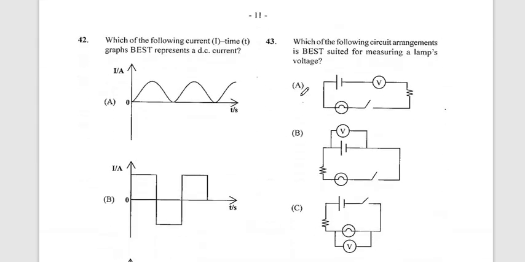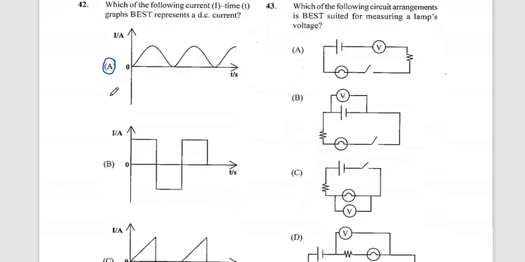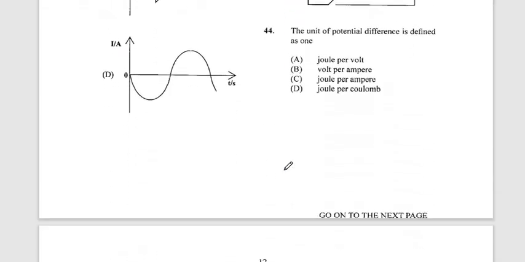42. Which of the following current-time graphs best represents a DC current? A. 43. Which of the following arrangements is best suited for measuring a lamp's voltage? C. 44.